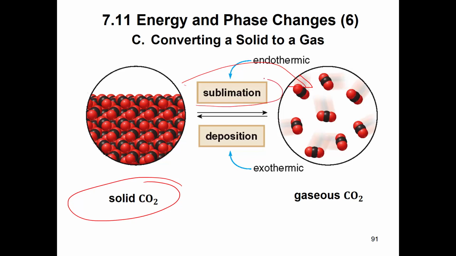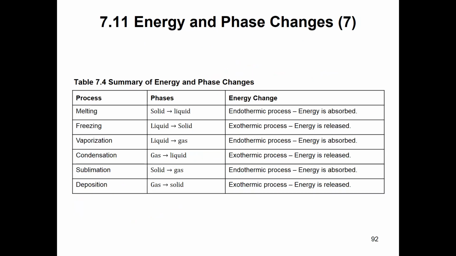That is called sublimation, and that is an endothermic process. It does require energy, quite a bit of energy. And then if you're going to go back from the gas to the solid, you're going to have to get rid of some of that energy, and that's called deposition. So you're deposing something or depositing something onto a surface usually.